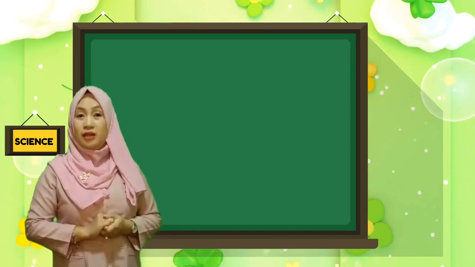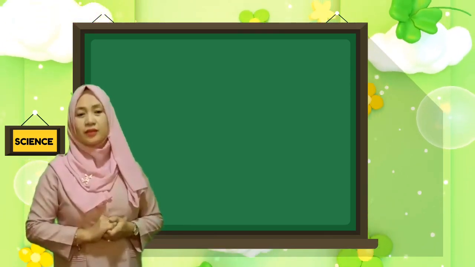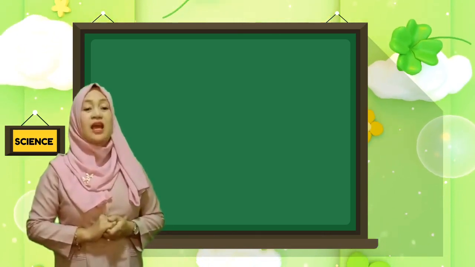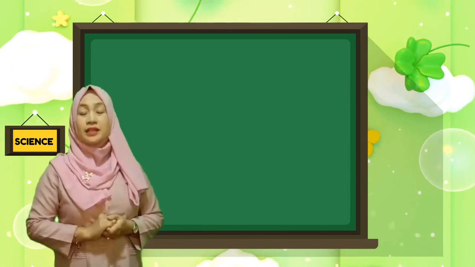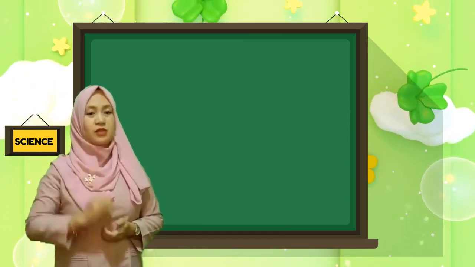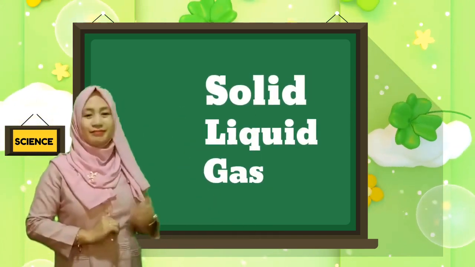Some matter comes in different shapes and sizes while some do not. Why does matter come in different sizes and shapes? That is because matter comes in 3 forms: the solid, the liquid, and gas.